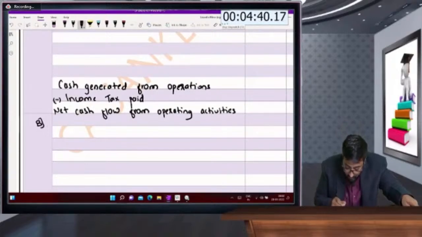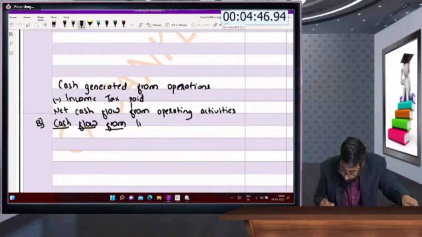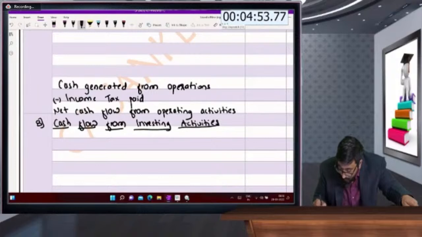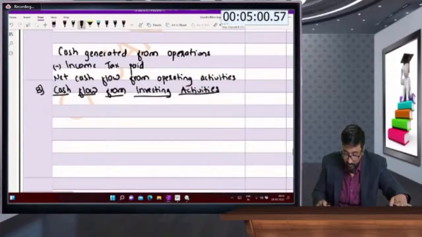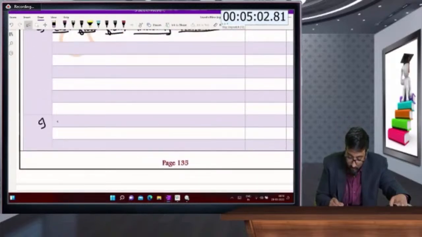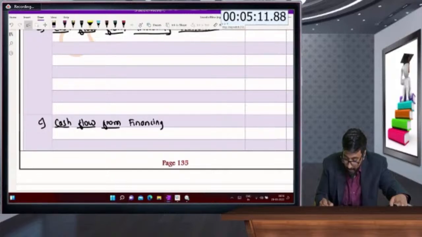B, cash flow from investing activities. After 7 lines, cash flow from financing activities.